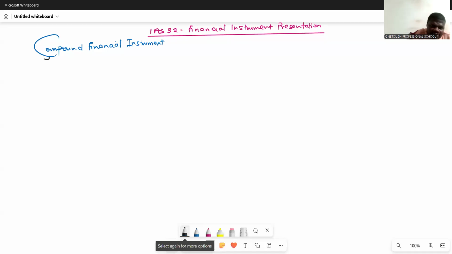So in compound financial instruments, we learned that to deal with it, you first have to split between liability and equity. We said that this instrument gives the holder two rights.